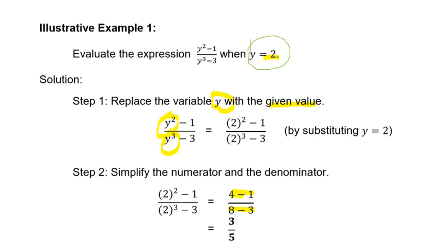Furthermore, 4 minus 1 is what? That is 3. 8 minus 3 is 5. Now, the value of the expression y squared minus 1 all over y cubed minus 3 when y is 2 is actually 3/5.